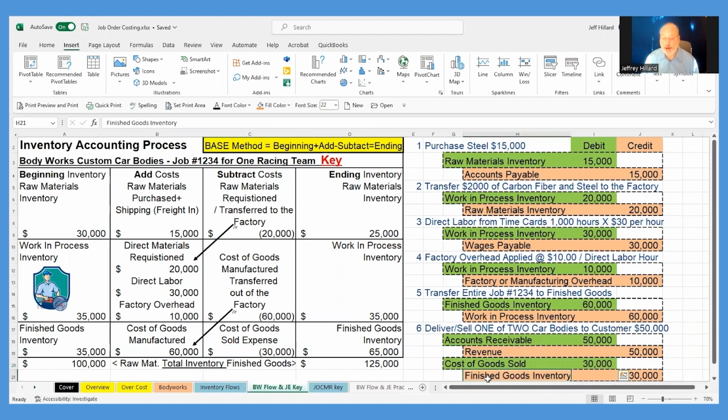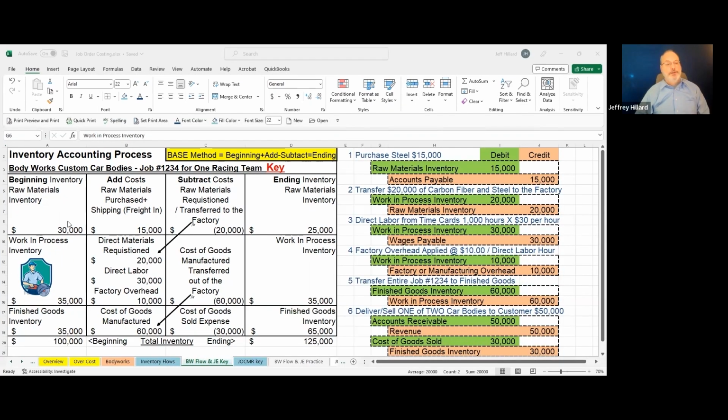And our finished goods inventory goes down for half of the total cost of the job, half of the $60,000. And that is our final transaction. It is a reduction to finished goods inventory. So we have now our total inventory of 30,000 plus 35 plus 35.